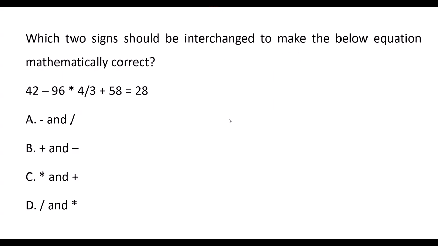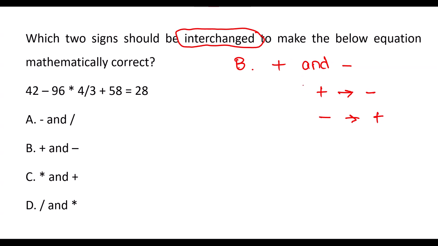Which two signs do you need to interchange so that the equation is correct? Means we have to get 28. See, if we solve this question directly, it won't result in 28. You need to interchange. For example, if they give option B, plus and minus interchange means wherever plus is there, you have to keep minus, and in place of minus, plus. Interchange is mentioned, plus means minus, minus means plus.